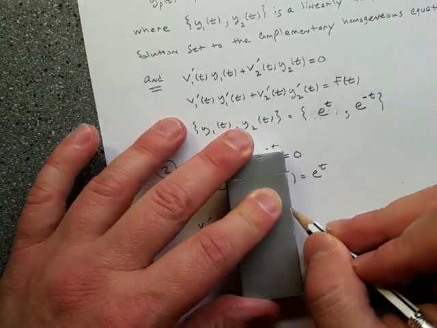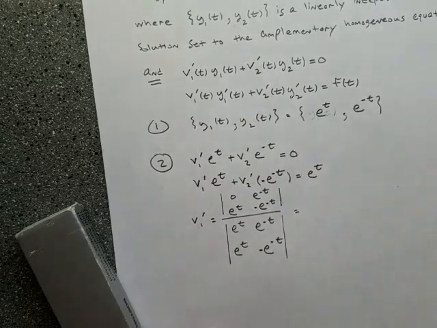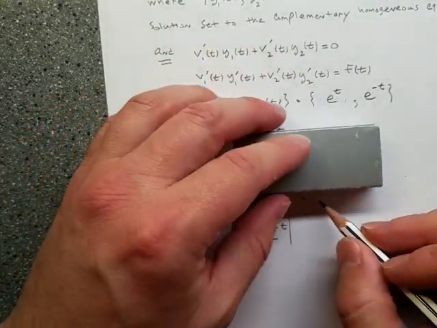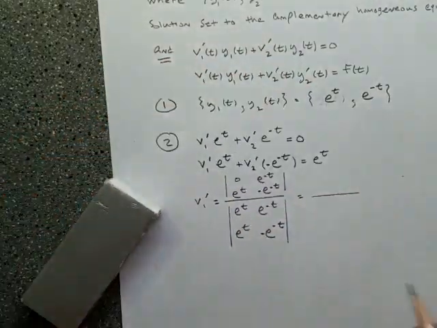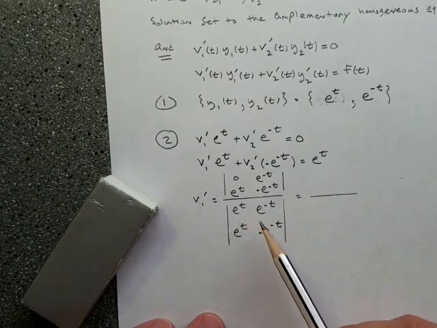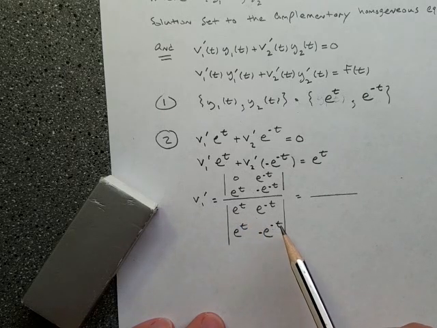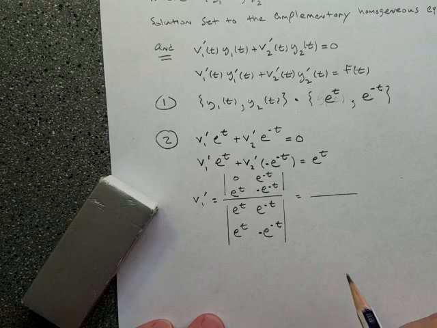So apparently that's v1 prime. That's what Cramer's rule leads us to do. That is going to be this. We calculate such a determinant by multiplying diagonally this way. And I'll get a negative e to the, what if I add those together, 0.